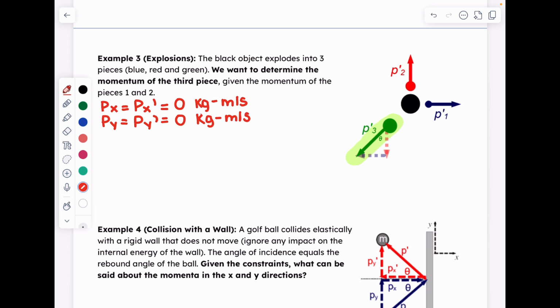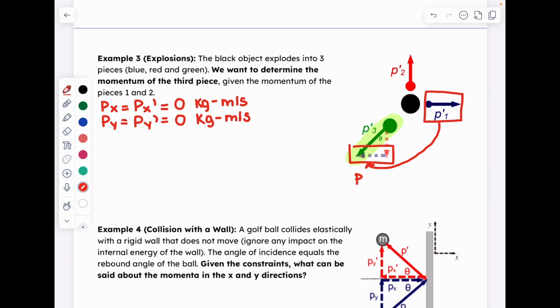Just looking at this diagram, if all of the first piece's momentum is in the x direction, this component right here has to cancel that out in order for this to be equal to 0. So these must be equal in magnitude.